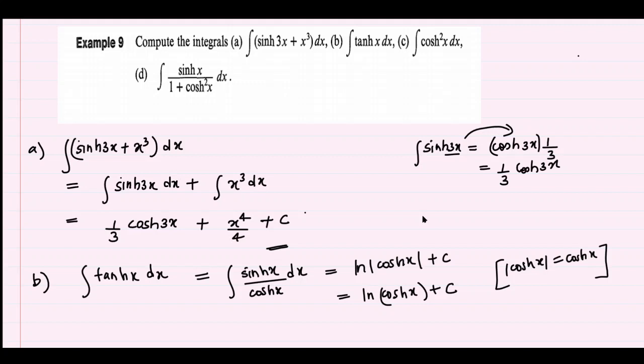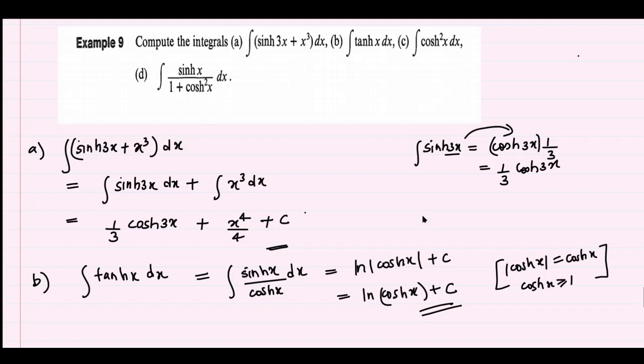It is an even function and its value is greater than or equal to 1. We know that cosh of 0 takes the value 1. So the value of cosh x is greater than or equal to 1, so it is not negative. It's a positive function, so its modulus value is the same as the function cosh x. So the integral of tanh x is natural logarithm of cosh x plus c.